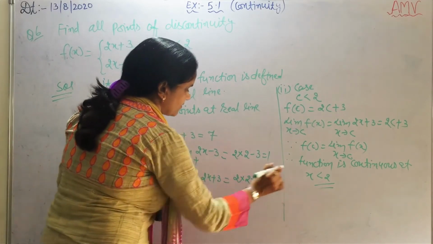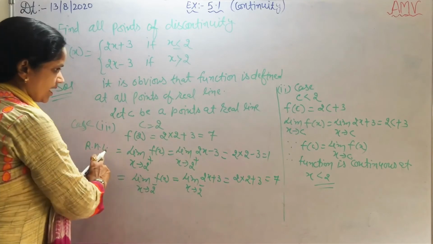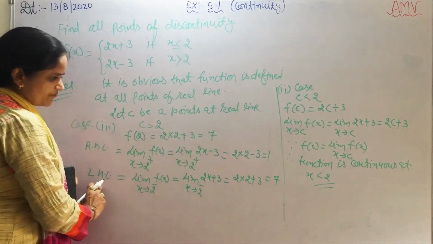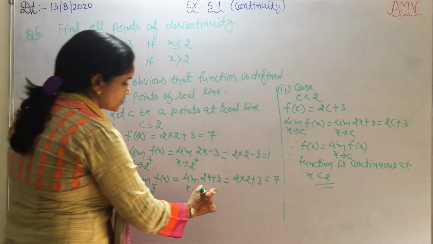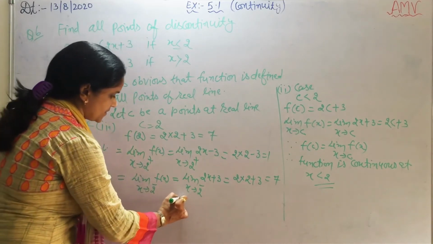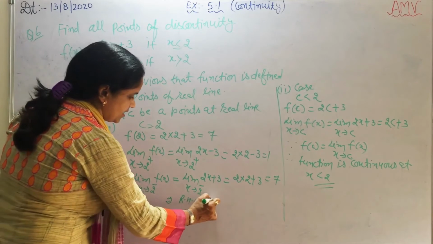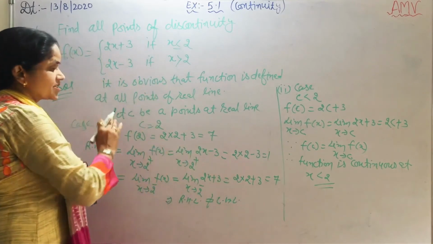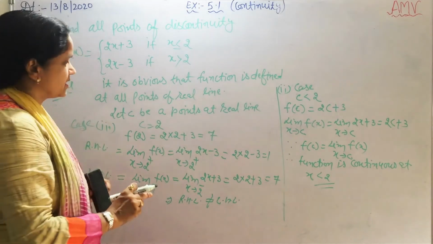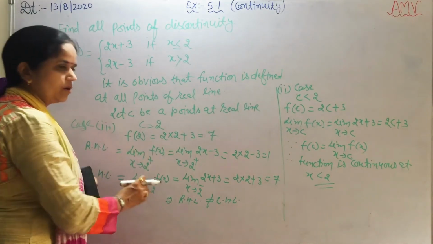It's 7. Now see here right hand limit is 1 and left hand limit is 7, not equal to each other. So write in the next step that right hand limit is not equal to left hand limit. So function is not continuous at x is equal to 2.